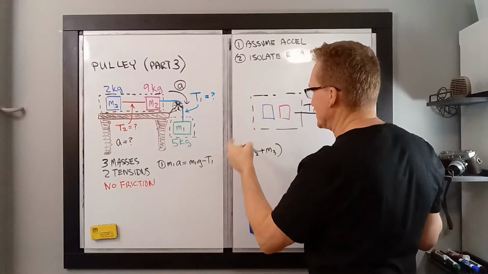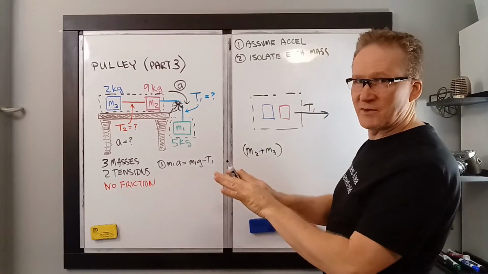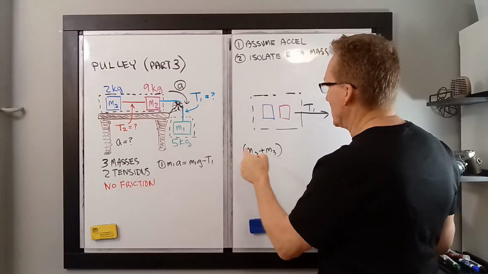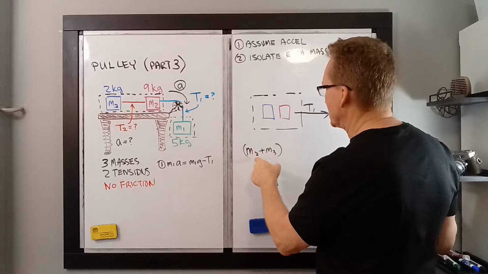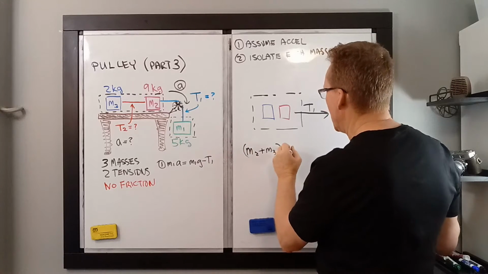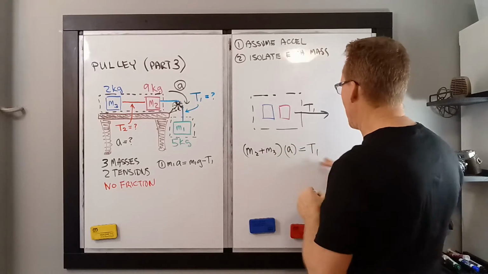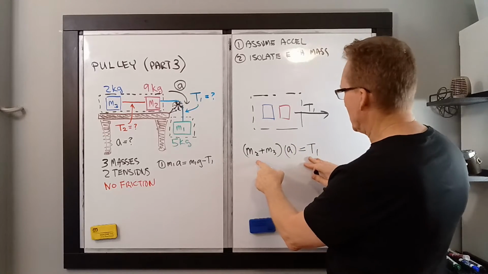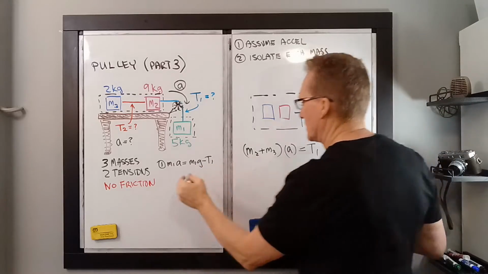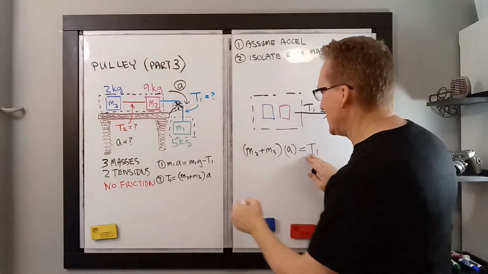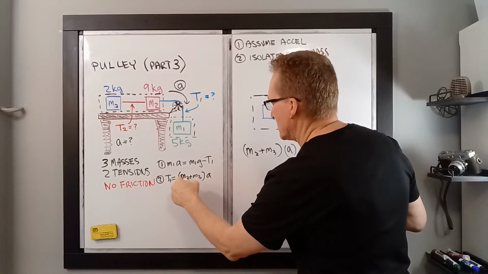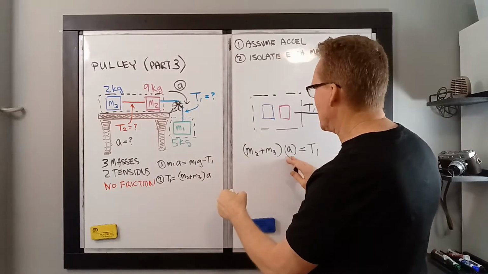I'm going to leave them like this instead of adding the numbers, because you're going to see everything fall out with a formula that you've seen before. So mass 2 plus mass 3 times the acceleration of this system is going to be equal to T1. T1 is going to control that. We'll transfer this over to here, acceleration. Let's double check it. T1 is equal to (m2 + m3) times acceleration.